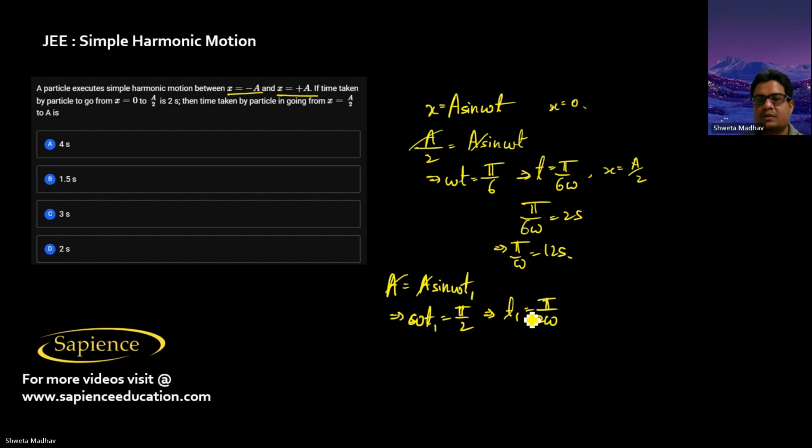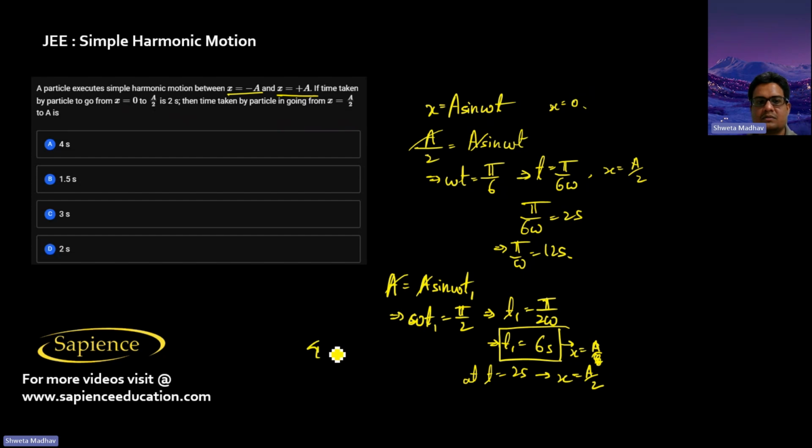So t1 will be equal to 6 seconds. At t equal to 6 seconds, it will reach x equal to a, and at t equal to 2 seconds, it will reach x equal to a by 2. Therefore, the time it will take to go from x equal to a by 2 to a is 4 seconds. So option A is the correct answer.